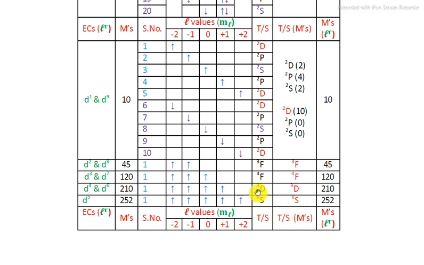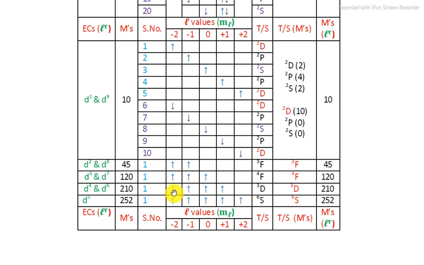And for D4, the L value is 2, the term is D. 0 for the small l value, 0 for it, 1 for it, -1 nullifies, 2 for it.